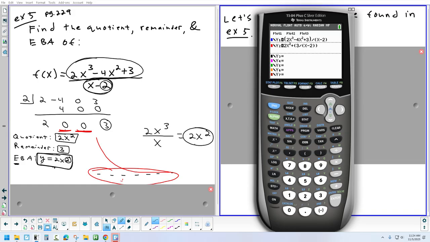Is there a number that we are not allowed to plug in for x? 2, because that would cause you to divide by 0. So what are we going to have at 2 in the graph? A vertical asymptote. Yes, we're going to have a vertical asymptote at 2 because that would cause us to divide by 0.